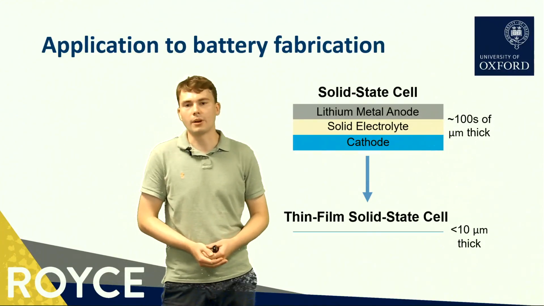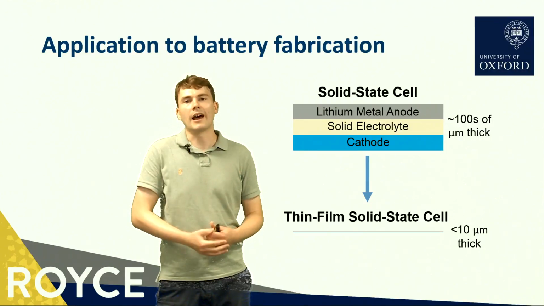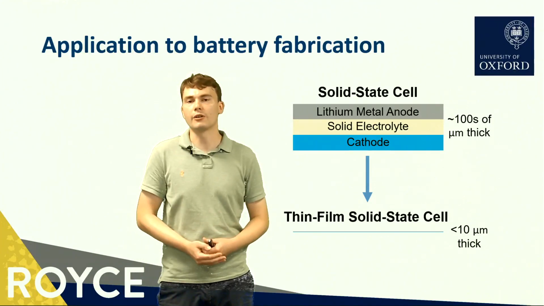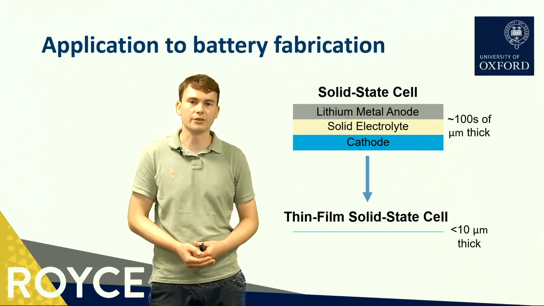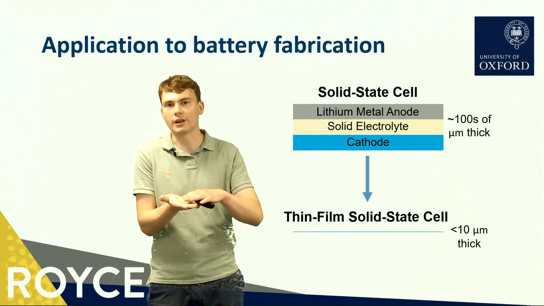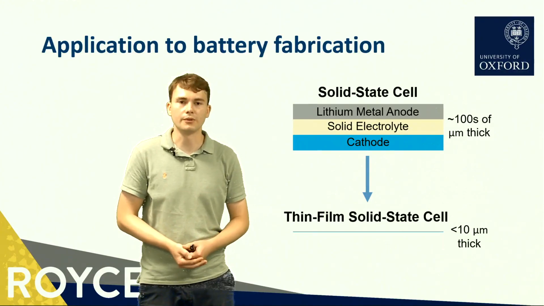And another advantage is the fact that the solid electrolyte layer is made very thin. The solid electrolyte typically has a lower ionic conductivity than the liquid electrolytes that are used in many conventional lithium-ion batteries. So by making the solid electrolyte layer very thin, you minimize the contribution to the overall cell impedance.